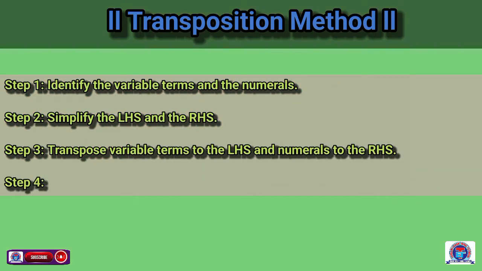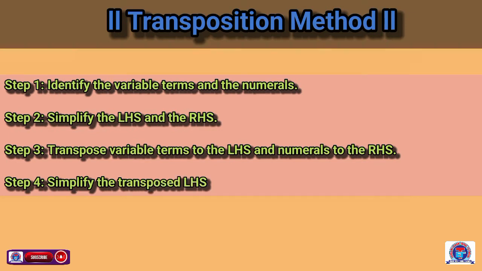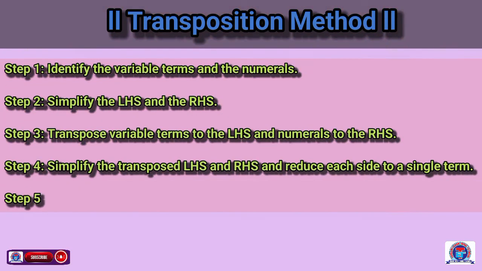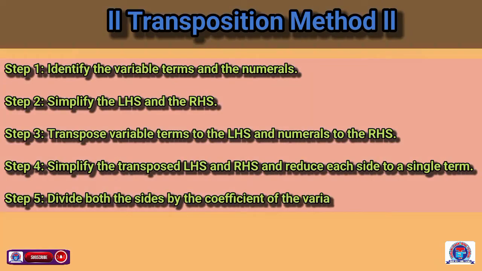Step number 3, transpose variable terms to the left hand side and the numerals to the right hand side. Step number 4, simplify the transposed left hand side and right hand side and reduce each side to a single term. Step number 5, divide both sides by the coefficient of the variable on the left hand side.